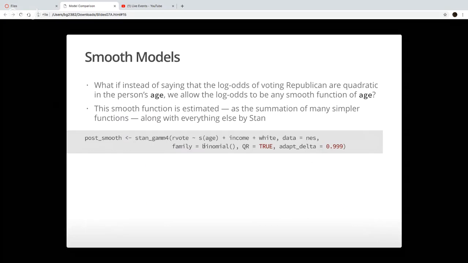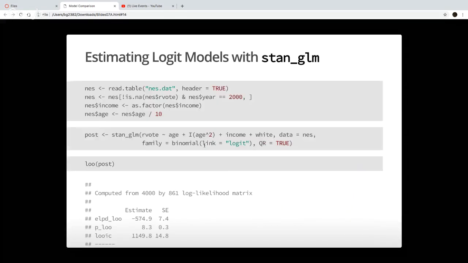But you have to also have the same N. So those are some of the restrictions. There are some assumptions that go into it, but if those assumptions get invalidated, you'll get warnings. And the warnings will basically say to do this, and we'll actually leave out a couple of observations, re-estimate the model, and then get valid estimates of this ELPD, which can be used to compare different models.